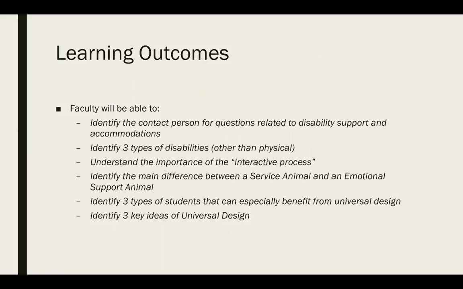Understanding the importance of the interactive process when determining accommodations. Identifying the main difference between a service animal and an emotional support animal. Identifying 3 types of students that can especially benefit from universal design, and being able to note 3 key ideas of universal design and what that really means.